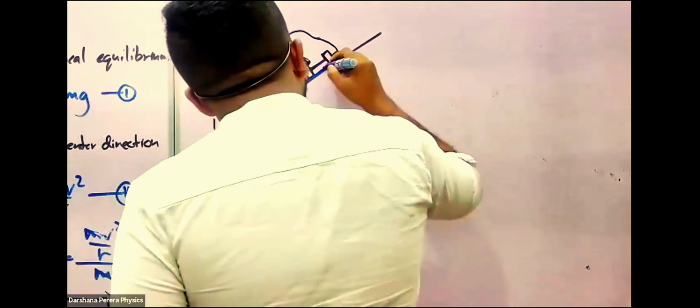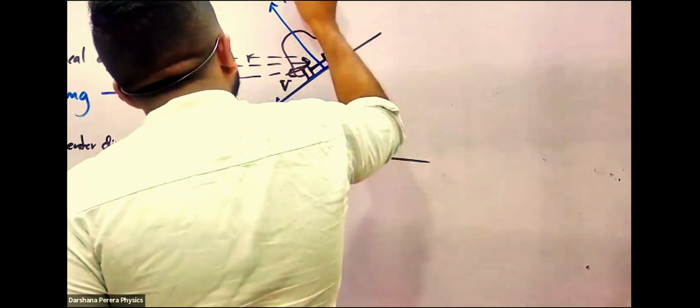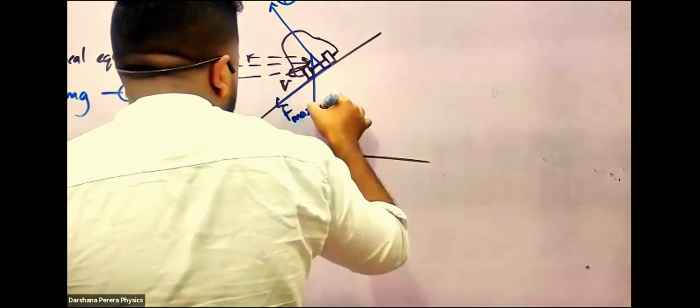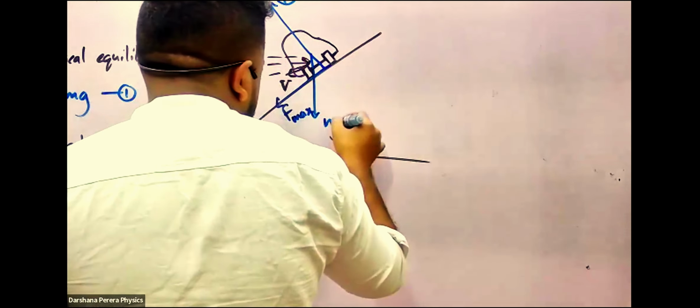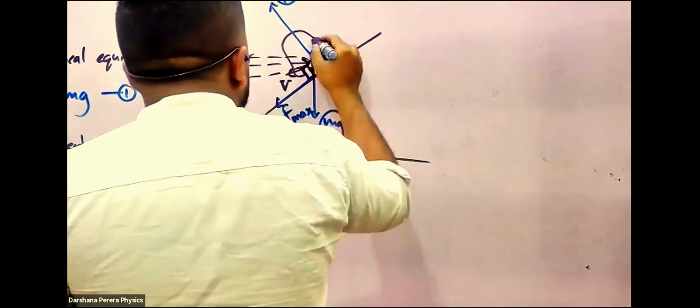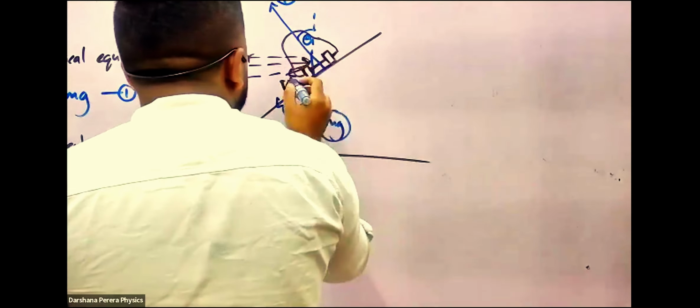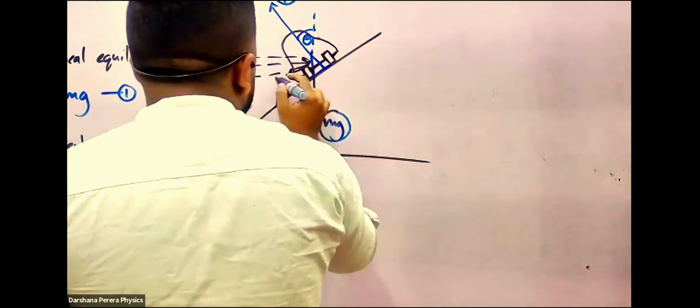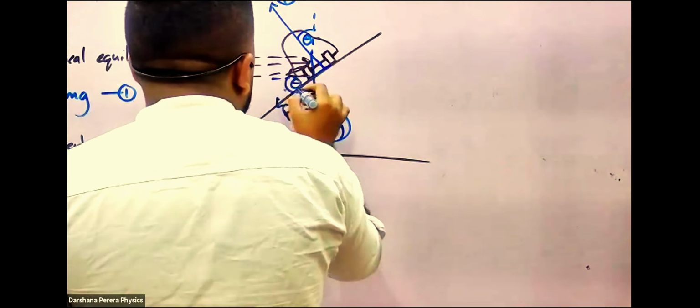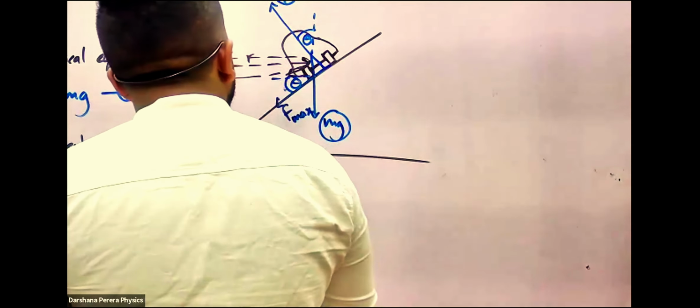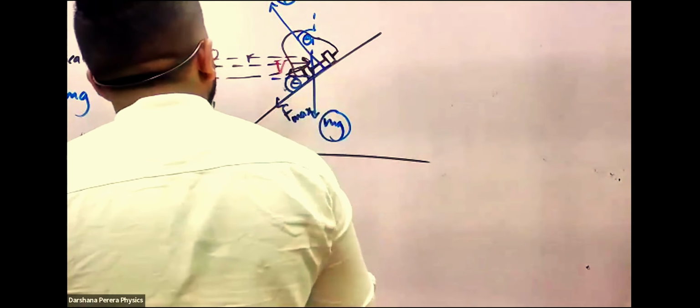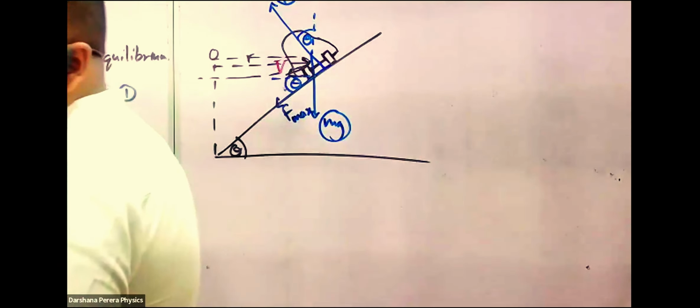And also the reaction force acts like this, and mg acts like this. Then we have to mark the angles. This is theta. This is theta. The velocity v. Okay. Draw this diagram.